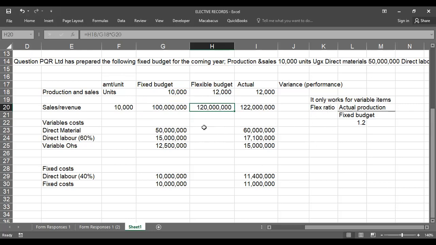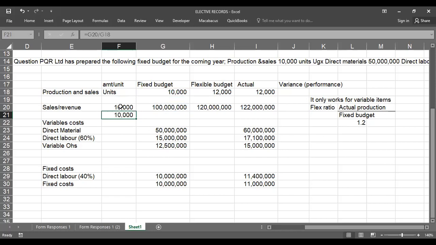However, I would encourage you to use what you call the variable item, or the variable unit. For example, for sales, your task is to determine the selling price of a single unit, and then you attach the number of units. The selling price is 10,000. If it's not given, you get it by taking the total sales and dividing by the number of units sold, and you end up with a 10.